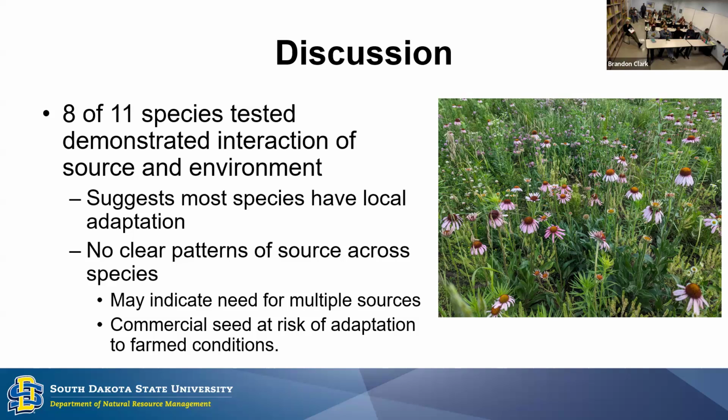This may indicate that when you're sourcing seeds for restoration, you need to use multiple sources, because if you're purchasing a local ecotype and expecting it to perform the best, there's a chance that it might not, and it's better to have a safety net of multiple populations.